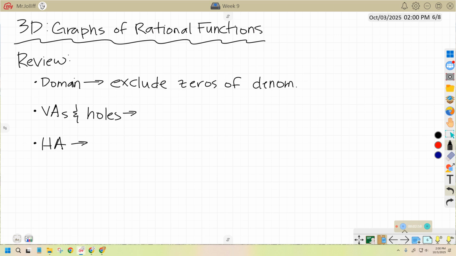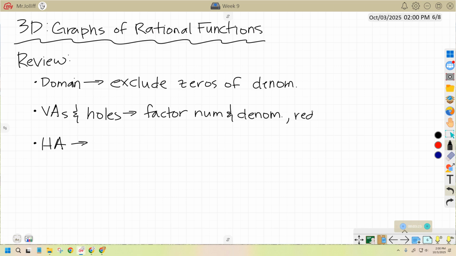For vertical asymptotes and holes, who remembers what we did? Starts with an F. First thing we got to do. Factor, yeah. We factored the numerator and the denominator.